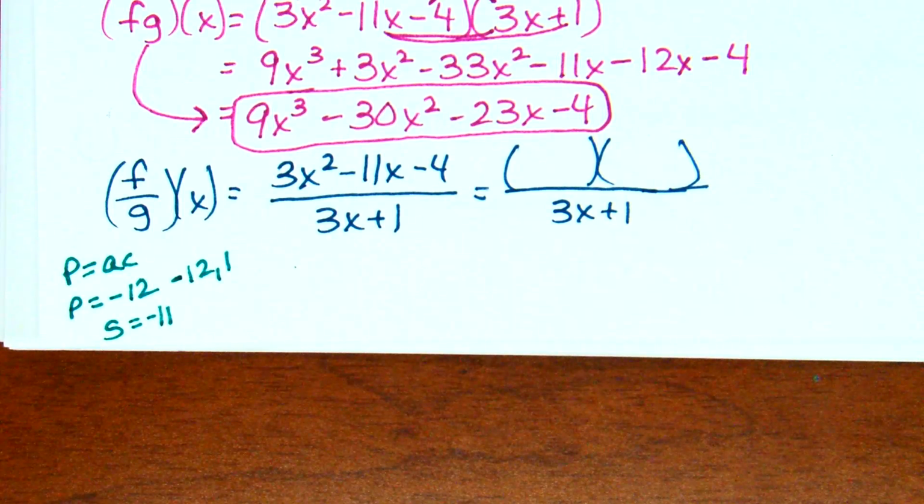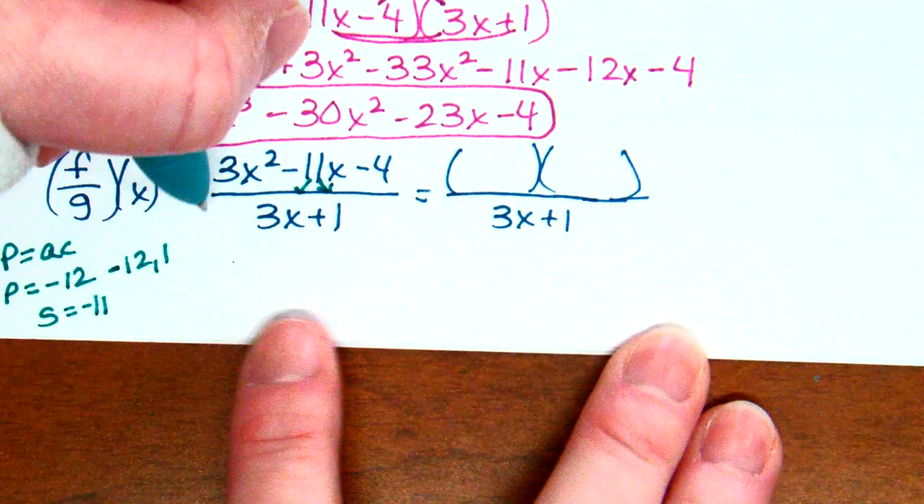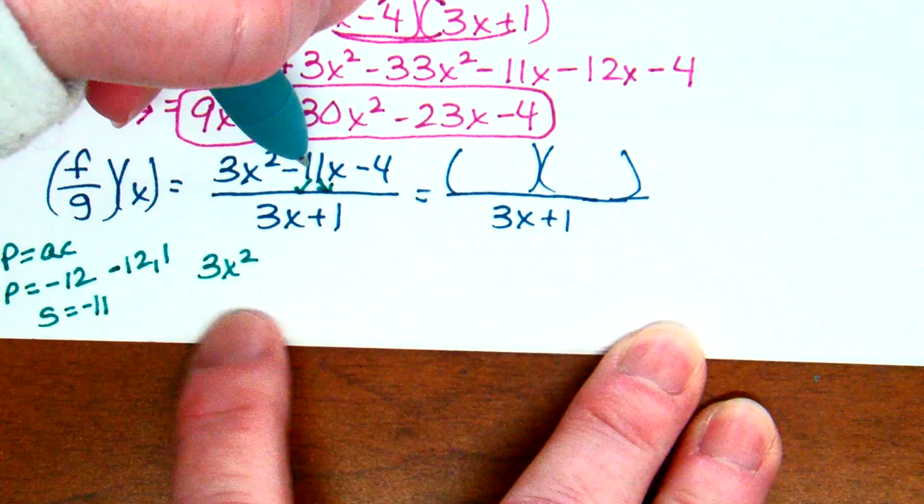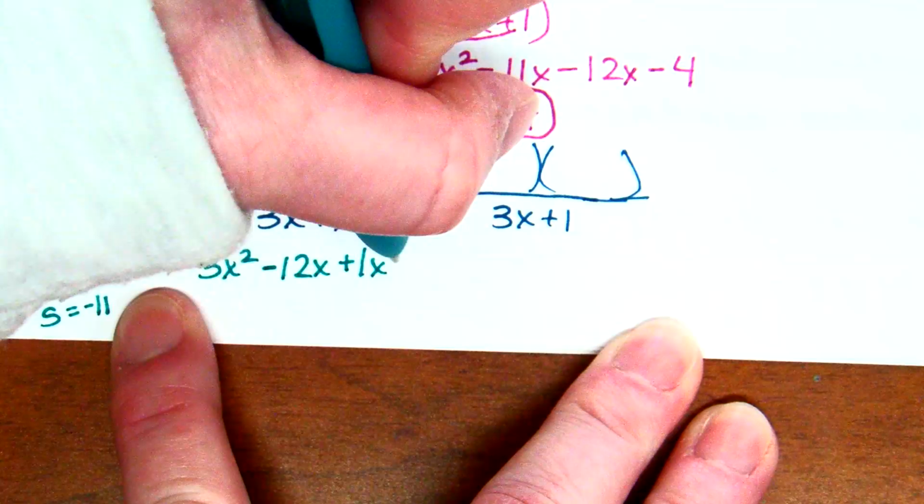Remember, you take that negative 11x and you split it. So I'm going to rewrite it down here. It's still 3x squared, but instead of minus 11x, I'm going to write minus 12x plus 1x, and then we still have a minus 4.